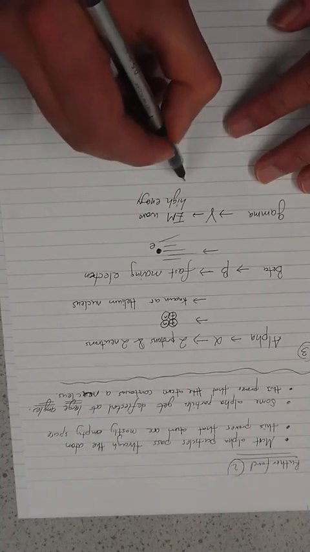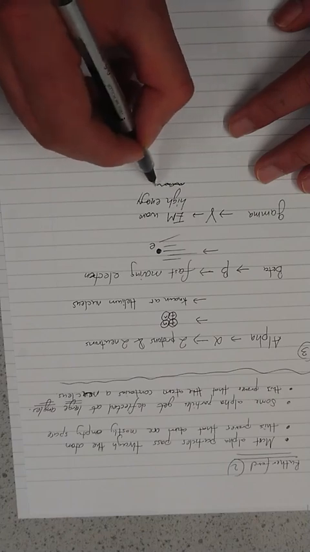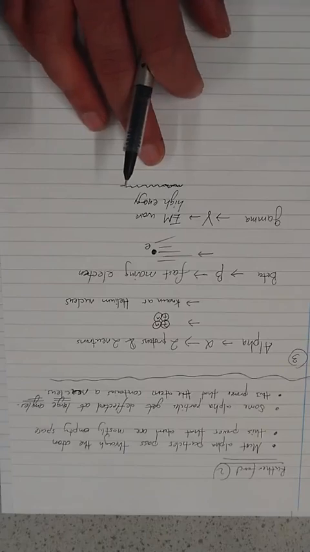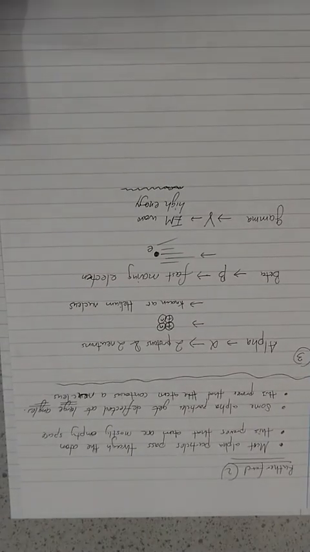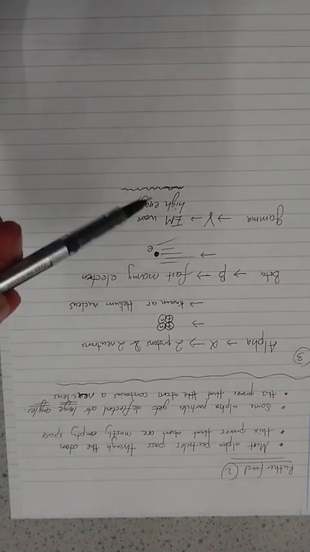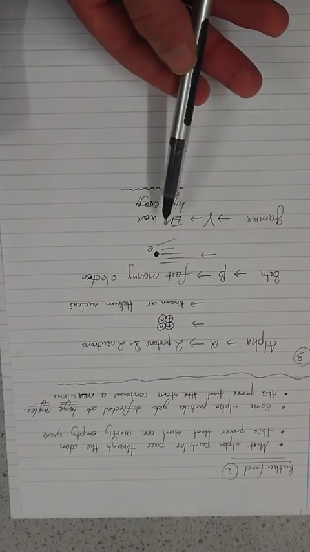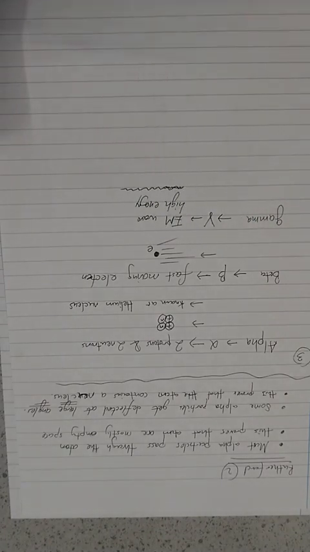If I want to draw it, it looks like a wave normally. It's very, very powerful. The way I've drawn it, you can tell by the size which one is the biggest. Alpha particle is the biggest, followed by beta particles, and then gamma, which is very, very small, just like a wave.